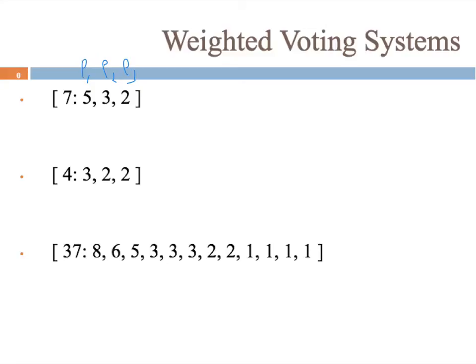So we can win with player 1 and player 2, because that would be 8. We could win with player 1 and player 3. But notice that we cannot win with just player 2 and player 3 alone. That would only be 5. So we're going to say that player 1 here has veto power.